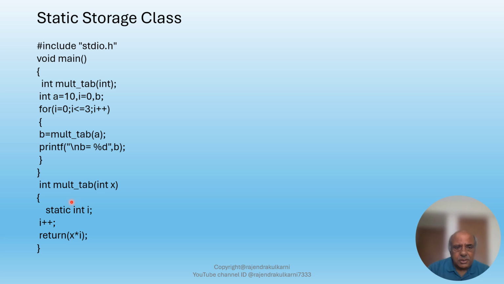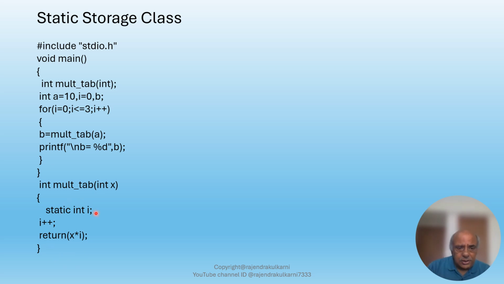In normal variables, as soon as the function terminates, all the variables within the function or within any block die. But when the variable is declared as static, its value will remain intact till main ends, and it will not get destroyed even if the function comes to its end and terminates.